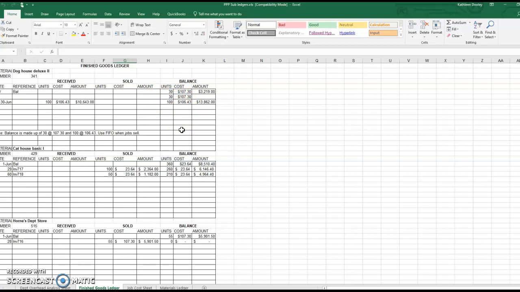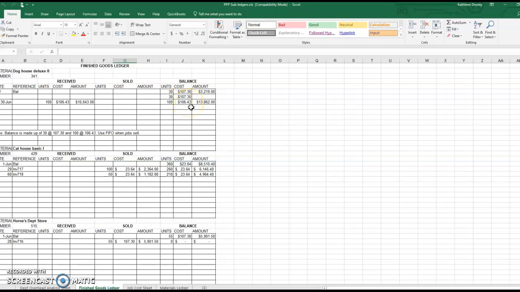If these 100 dog houses had also cost me $107.30 to build, then I could just have one line that says 130 units at $107.30. But here I have 30 at 107 and 100 at 106.